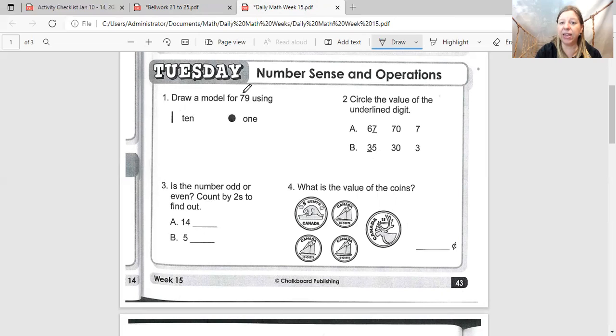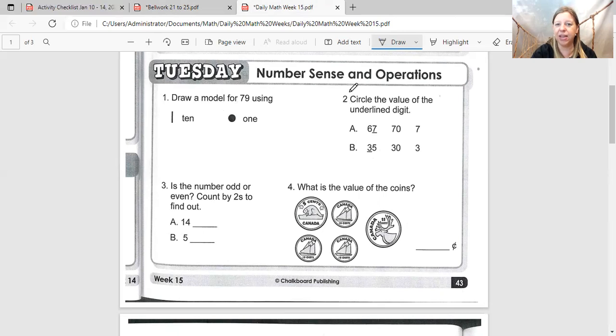So in the number 79, how many tens are there? Draw those in the space below. How many ones are there in the number 79? Draw that many dots, and please draw your dots in a 10 frame array. So that means 5 across. If you need more, then spill into the second row.